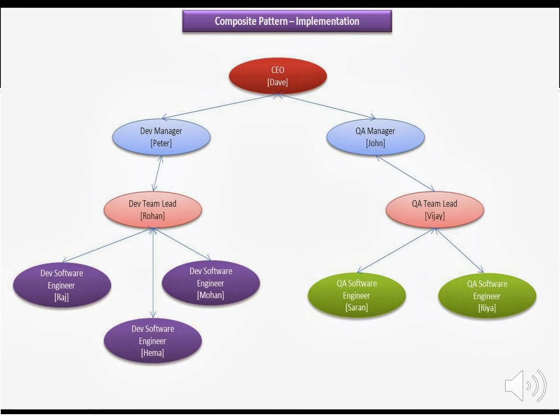So you can represent the company structure to display the level of employees using a tree structure. In this diagram, at the top level there is a CEO, and the CEO has managers for each department, inside the manager hierarchy there is a team lead, and the software engineers are under the team lead. So this is the representation of a software company, and you can see how the employees are at different levels.